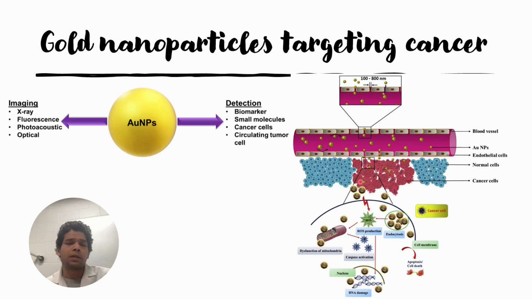So I hope you understood some of the applications of these gold nanoparticles and how they can be used for targeting cancer cells. The difference is that they have less toxicity and high circulation time because of the immune evasion ability. So this could enhance the efficiency of immunotherapies targeting cancers. So these are the advantages of using these gold nanoparticles.